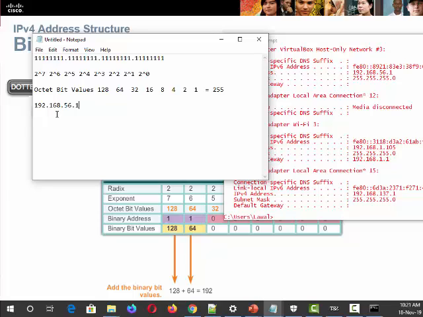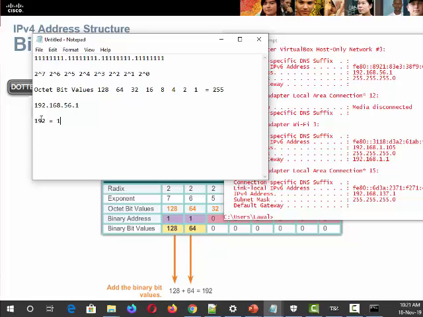Let's start with 192. The first thing you will look at is this: 192, can 128 go in 192? Yes. That means the bit of 128 is on. We turn it on. We now remove the 128 from 192.